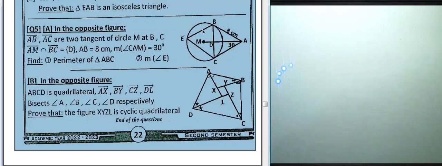Question number 5, in the opposite figure, find the perimeter of triangle ABC. We can prove that this triangle is equilateral. How? We know the measure of angle A equals 30 degrees, here DAC, and EC is tangent to the circle M at C. The measure of angle ACB will be equal to the measure of angle ABC.